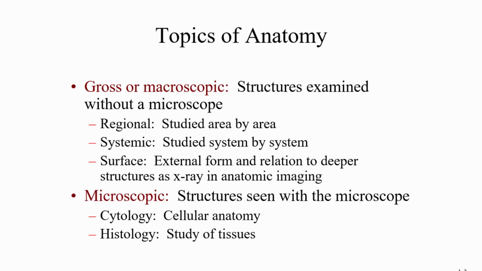Histology is actually where you take a chunk of tissue and it's prepared, sliced super thin. When I say super thin, I'm talking one cell layer thick. This allows light to pass through it relatively easy. And we stain it with various stains. These stains are going to help bring out structures within the tissue.